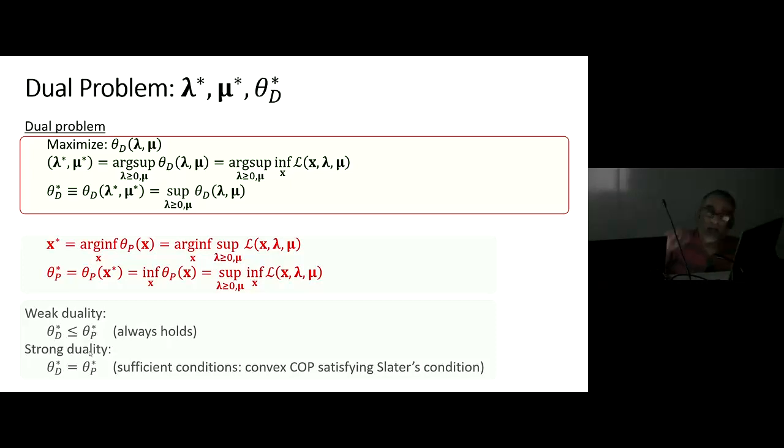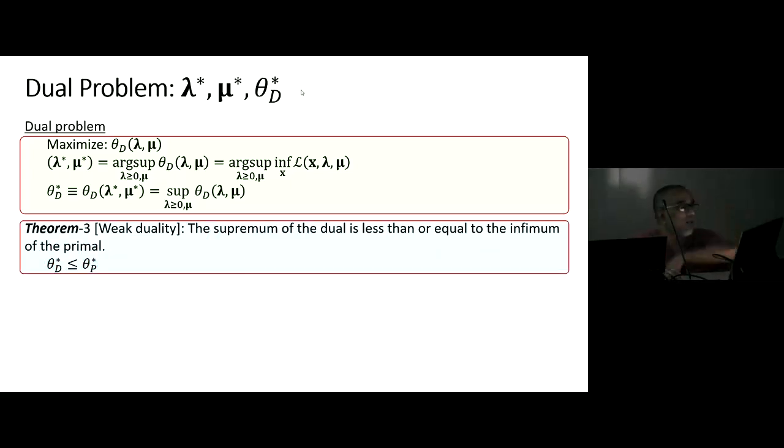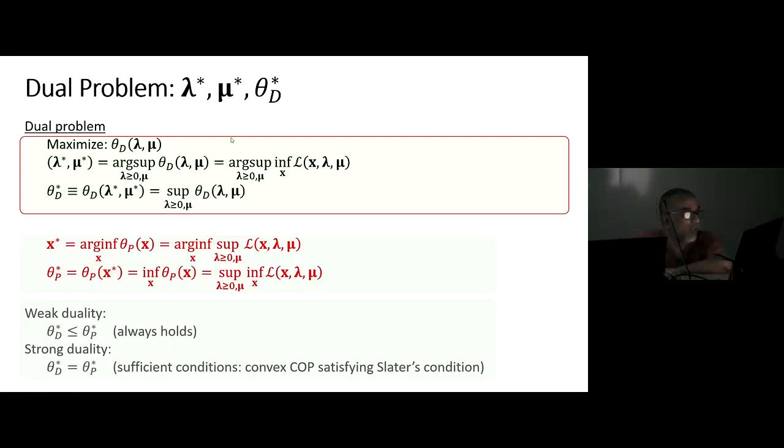And under certain circumstances, when certain conditions hold for the constrained optimization problem, one of them, a sufficient condition, being Slater's condition, theta_d star equals theta_p star. Let's see why.